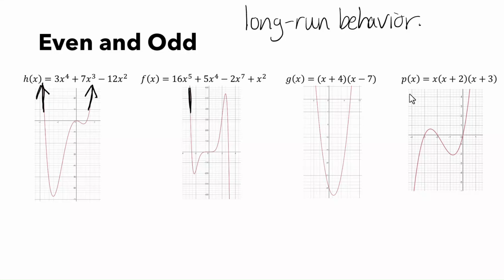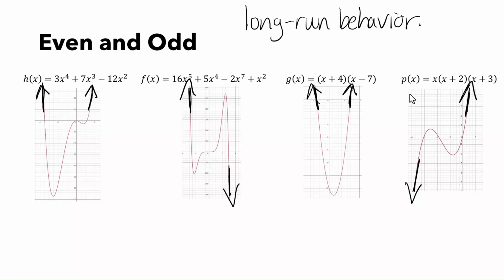We look at the ends, we see they are going in opposite directions. G of x was degree 2, even function. They're going in the same direction. The p of x was an odd degree, and they go in opposite directions.